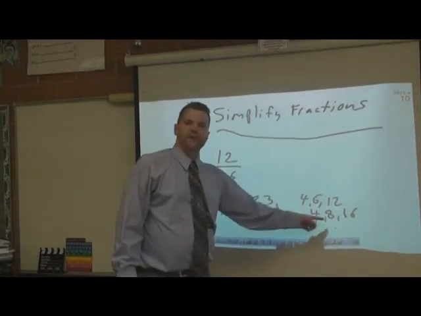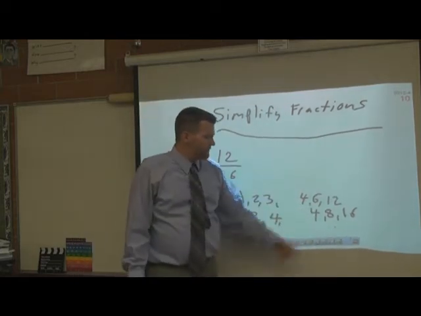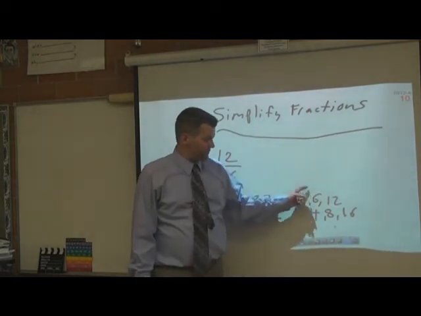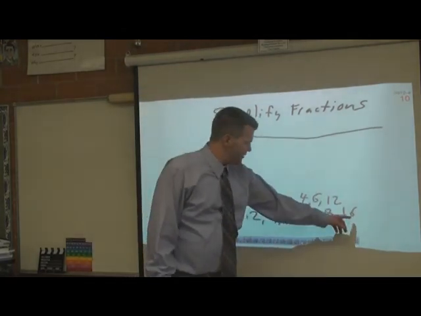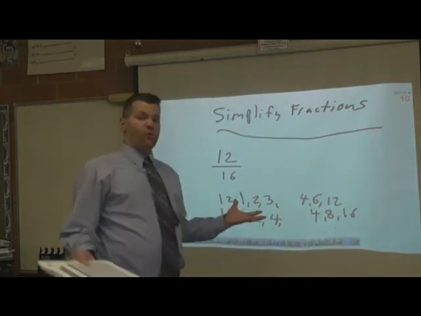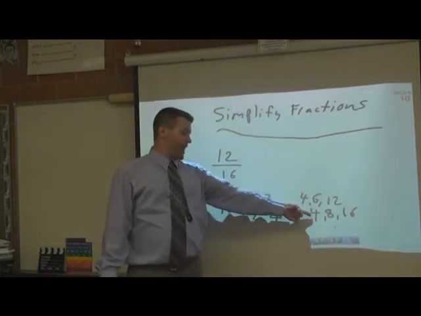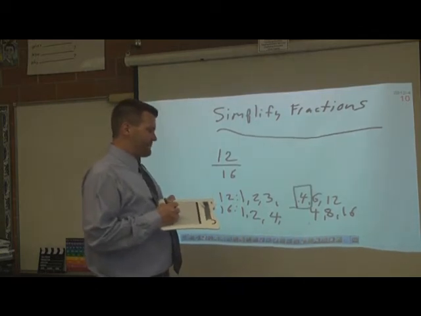Now it doesn't really matter which 4 because 4 is 4. It's all the same. So they both have 4 in common. Do they have 6 in common? No. Do they have 12 in common? No. 8? No. 16? No. The biggest one that they have in common is what? That's right. The 4 is the greatest one they both share.